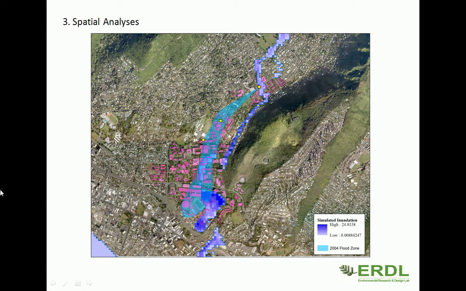So for this one, this is the flood that happened in 2004. You just get that from landscaping. I think they traced it from the Army Corps of Engineers report. But this one, the one with the grid, is the simulated inundation if you use HAZUS, which is a plugin for GIS.